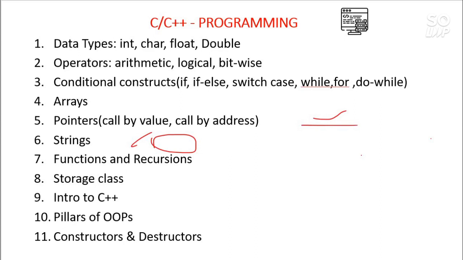And there is C++ and they mentioned the C++ basics and the pillars. They told about the class and the objects, and the pillars of object oriented programming are the abstraction, encapsulation, inheritance, and polymorphism.